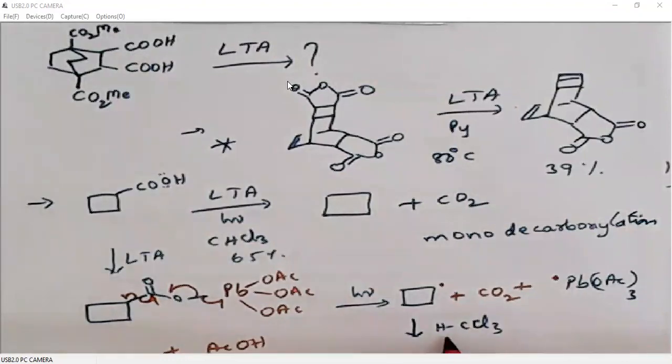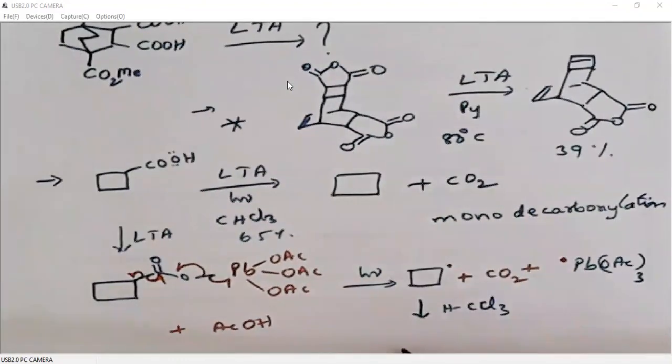So it will pick up this proton and generate an alkane plus a CCl3 radical. So this is how we can do mono decarboxylation with lead tetraacetate under photochemical conditions.